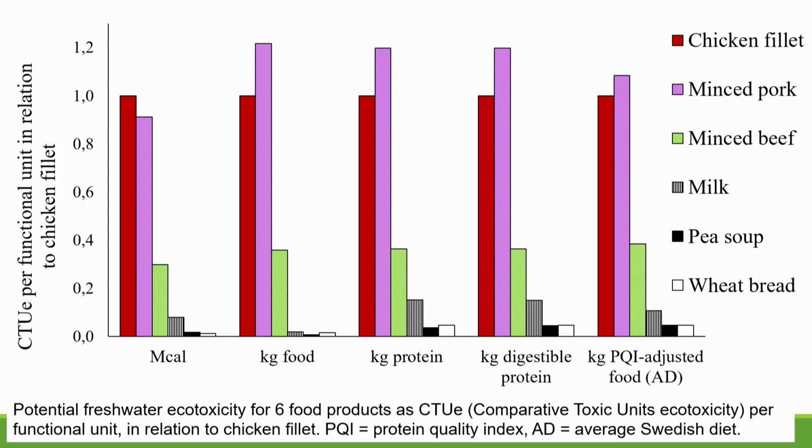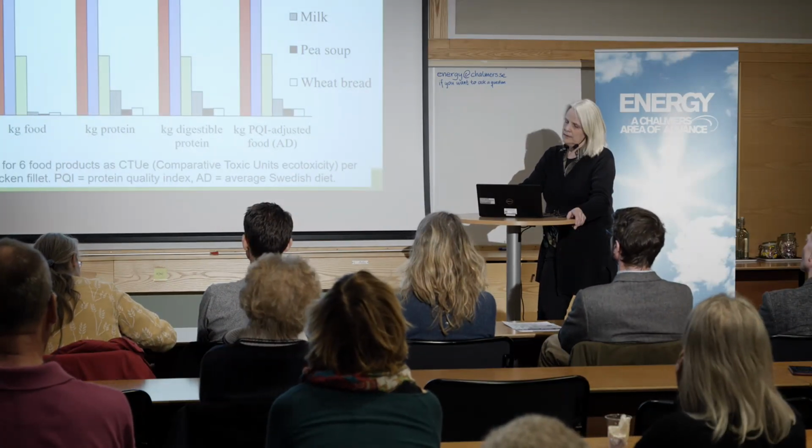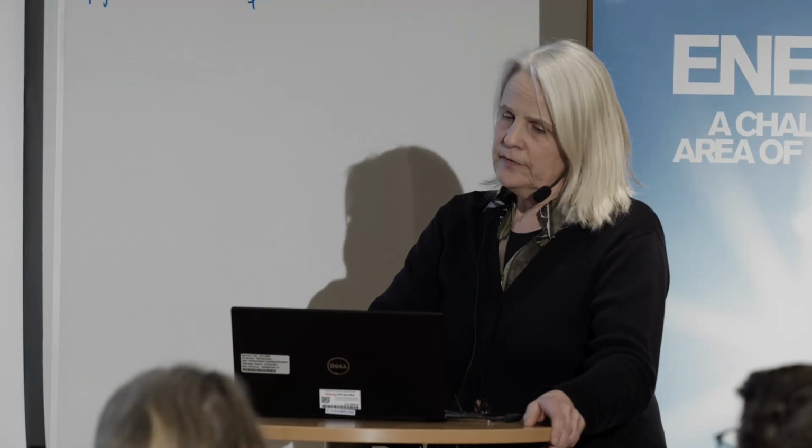And we set chicken fillet to 1.0, so we compare everything. You can see here that pork is by far the highest. Then comes beef and milk, and the vegetable alternatives are less.